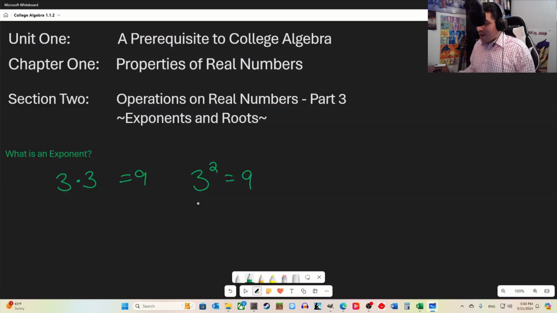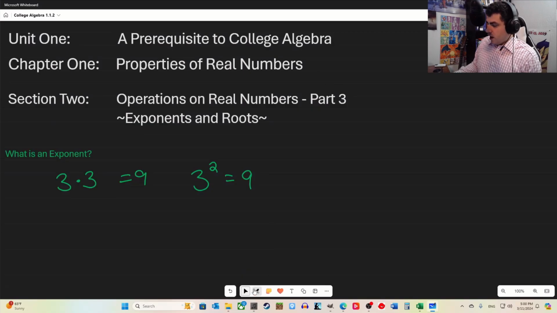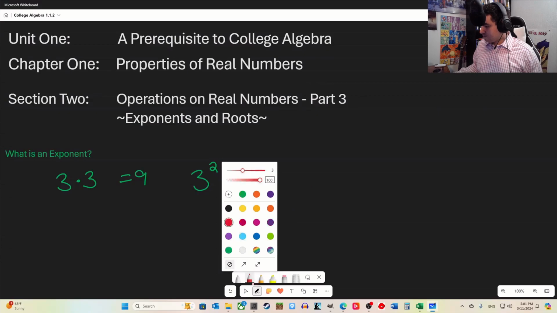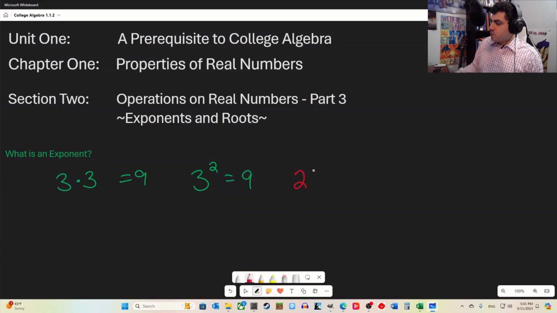So what this means is I'm simply multiplying 3 to itself 2 times. And you can do this with any number. Let's use another color. I could use 2 squared, which simply equals 2 times 2, which equals 4.